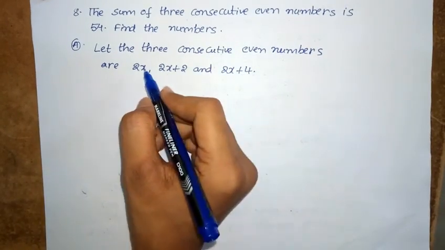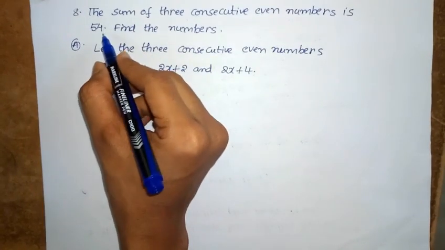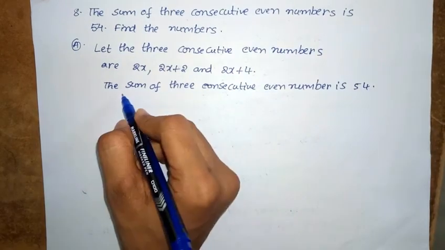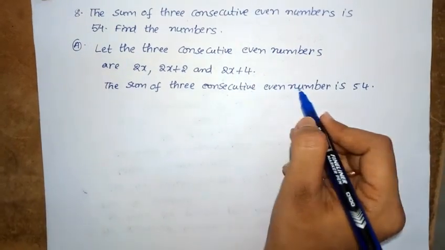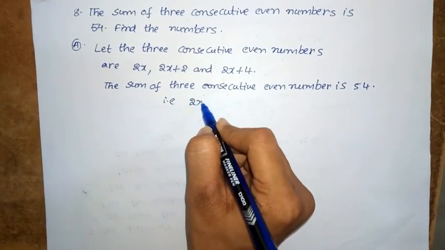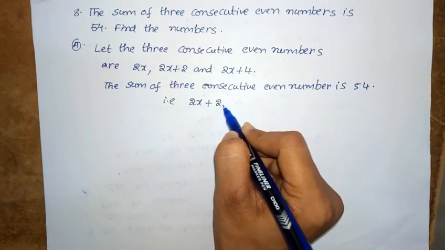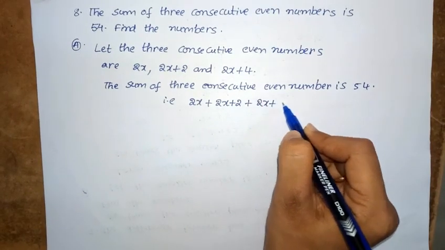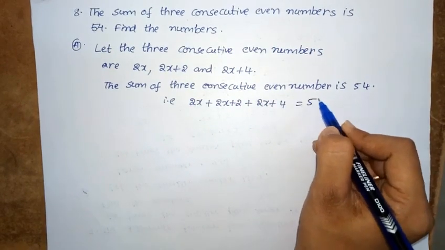So next, in the problem the sum is given as 54. The sum of 3 consecutive even numbers is 54. So first number 2x plus second number 2x plus 2 plus third number 2x plus 4 is equal to 54.